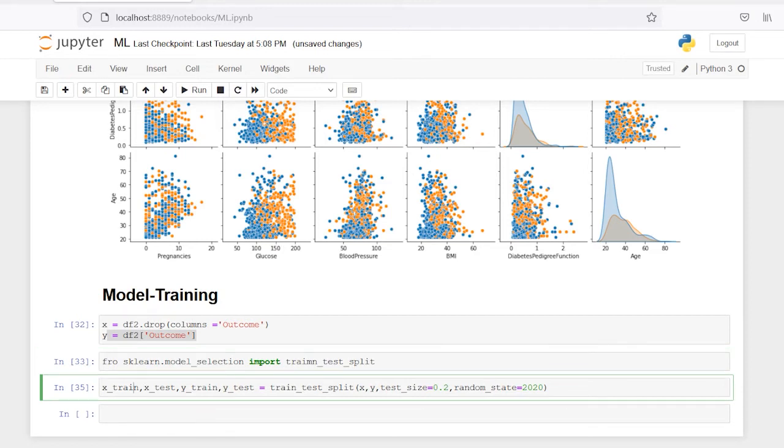So x train and y train, and the test size I have taken is 0.2, which means 20% of my data will be used for testing, and the random state is 2020 or any number. It means that the data split will always be a particular set and will not change randomly.